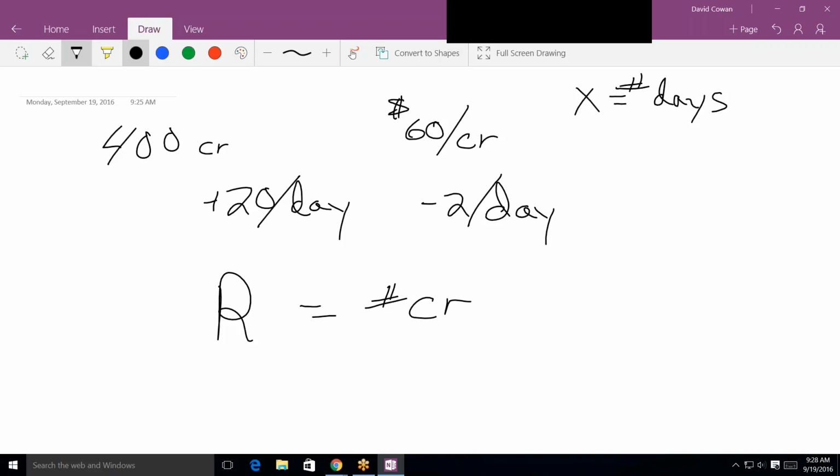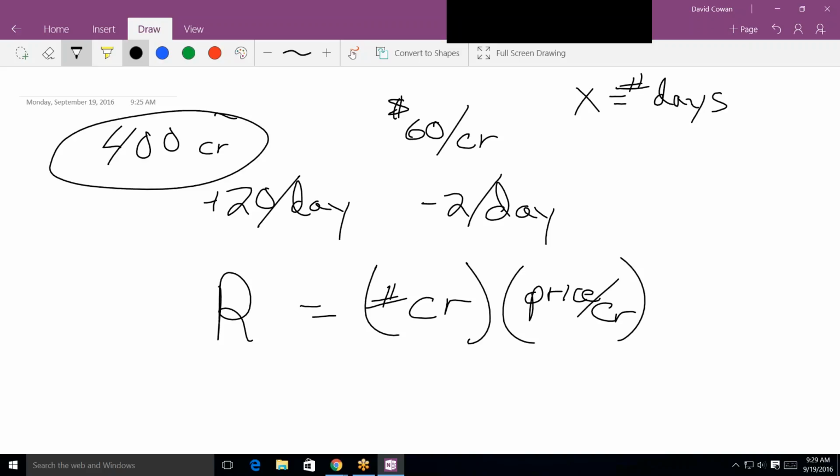If you wait a day, you'll have 420 crates. Okay, so it's the number of crates that you have times what? Price. Price per crate. In other words, they give you that right up there.